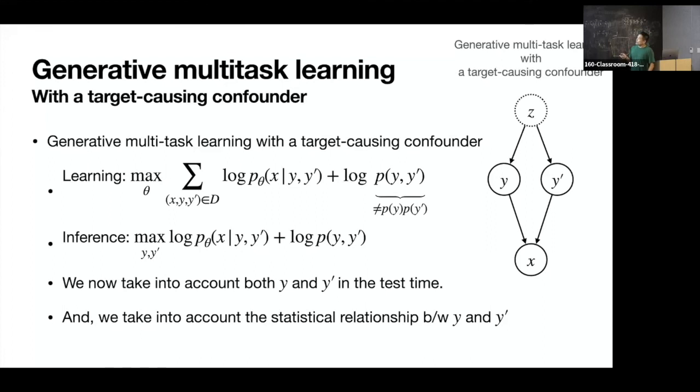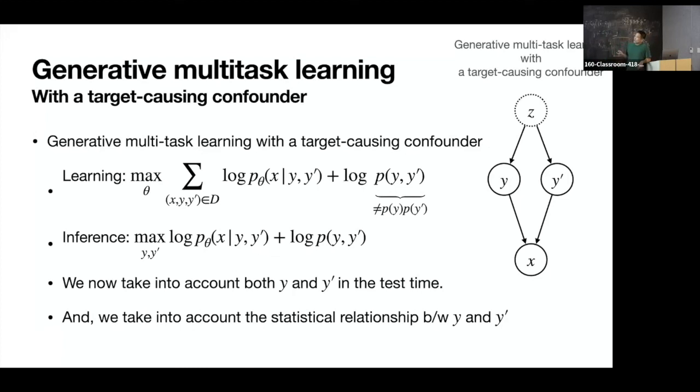What that means is that now we cannot write the joint marginal distribution over the targets, the main and the auxiliary targets, as the product of the marginal distribution over y and the marginal distribution over y prime. So they are not independent a priori anymore.